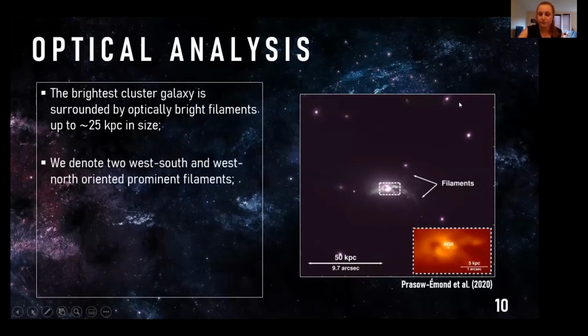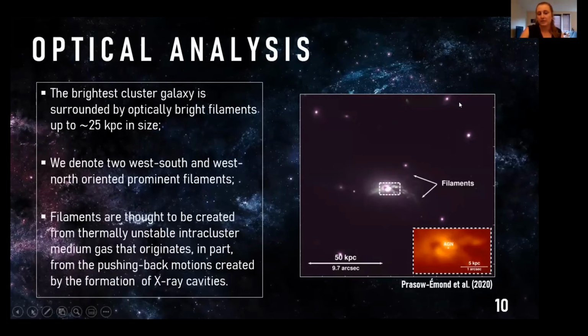Filaments are interesting because they are thought to be created from thermally unstable intracluster medium gas that would originate from the pushing-back motion created by the formation of X-ray cavities. It might seem a bit theoretical for the moment, but in the next slide I'll show you a picture. It will make more sense in your head.